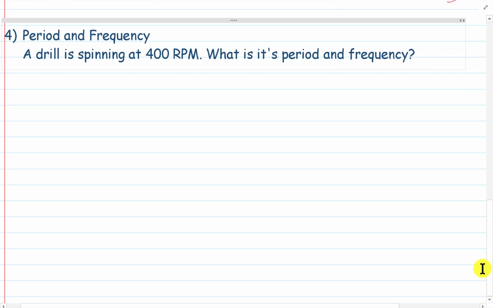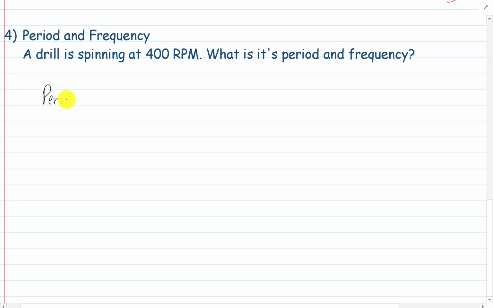Okay, so period is the seconds per cycle. And the frequency is the cycles per second.